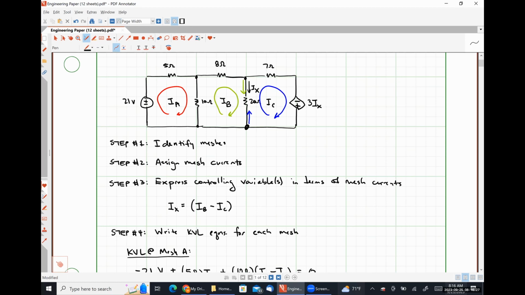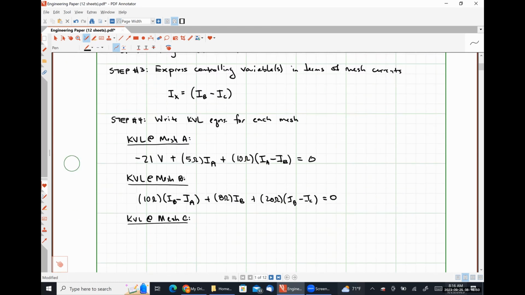So I know it's going to be 20 ohms times something. I'm following mesh current IC around its clockwise path, so IC should have the positive sign. And there is a mesh current flowing opposite the direction of IC. So put all that together and tell me what it should be. Exactly right. 20 ohms times IC minus IB.